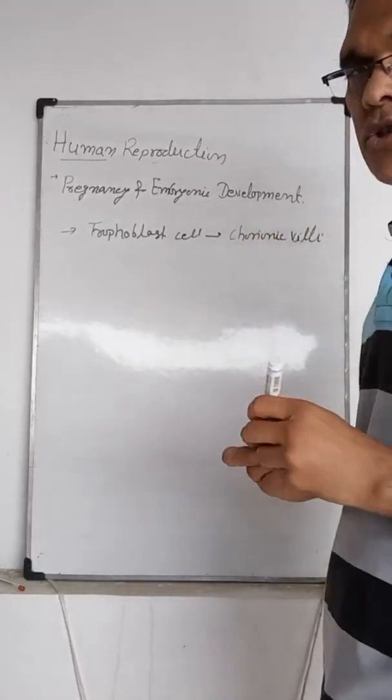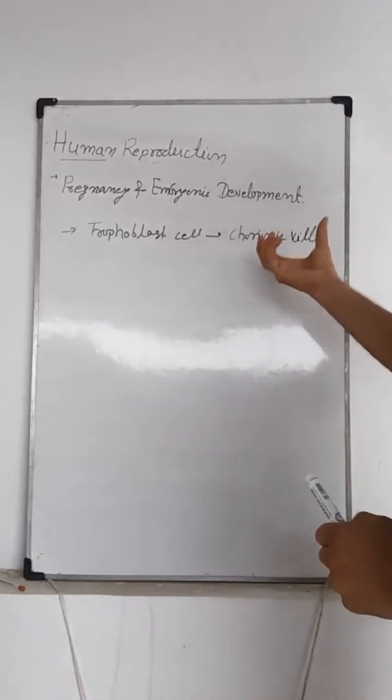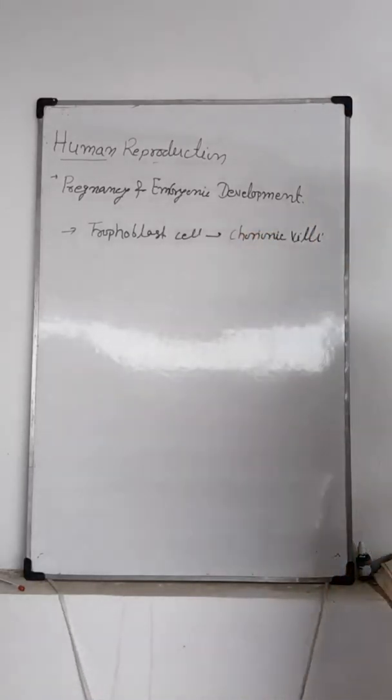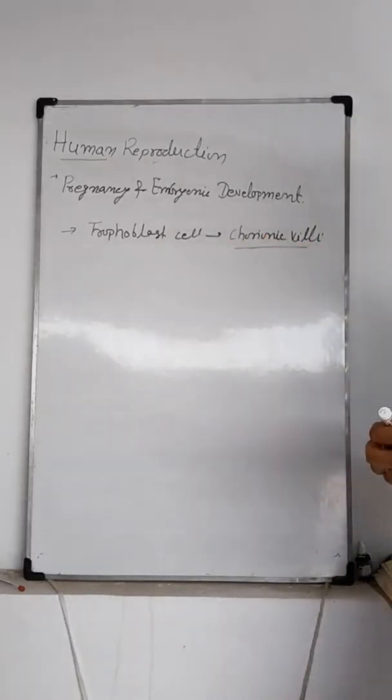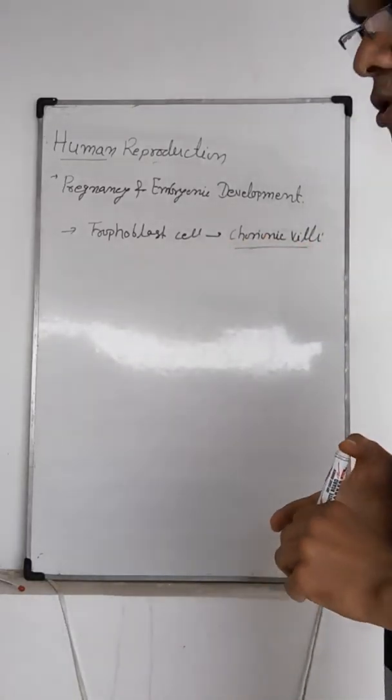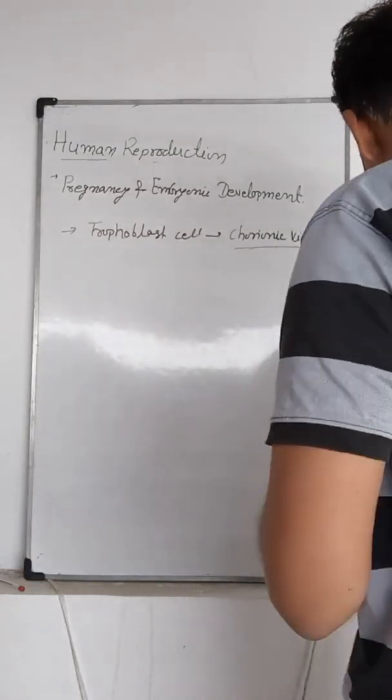These chorionic villi are surrounded by the mother's tissue, that is, the endometrium wall.